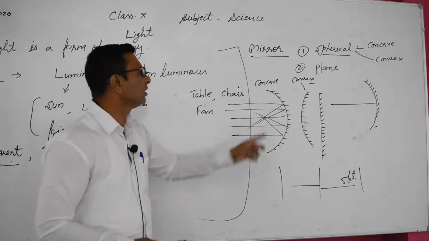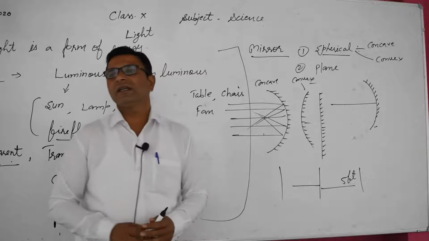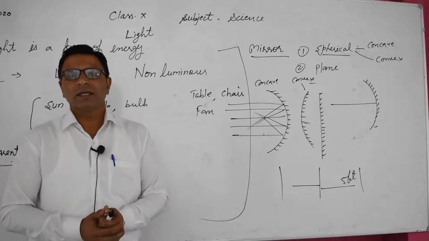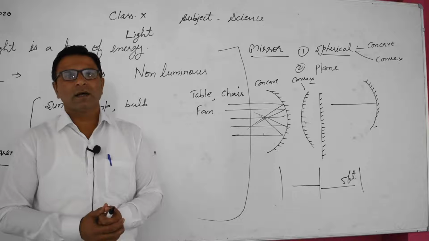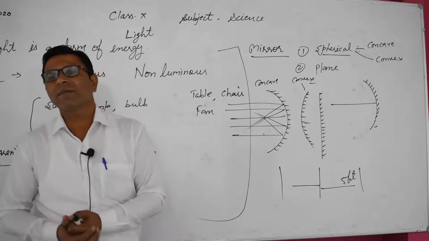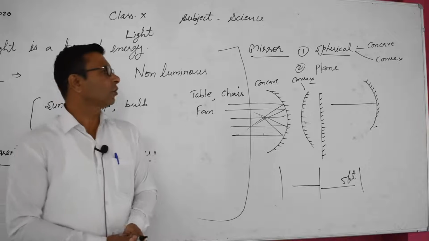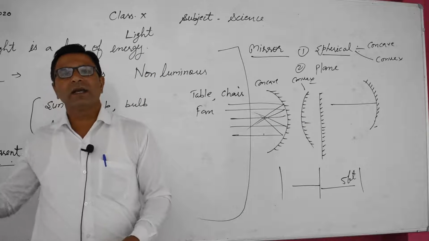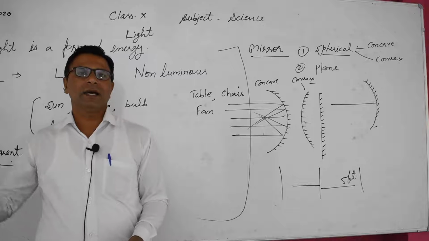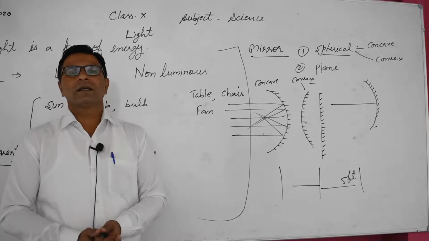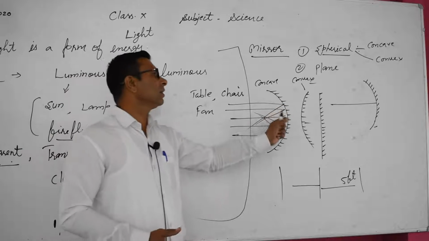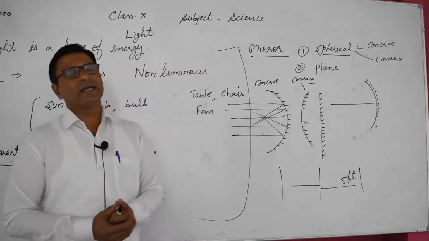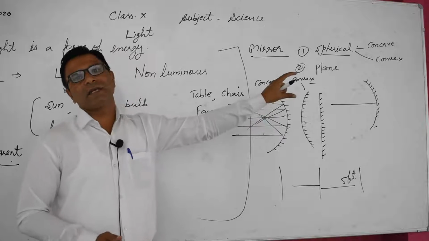A concave mirror you can see with the doctors, because they check your teeth and your tongue in magnified form, and you can see a concave mirror in the barber shop also. And a convex mirror you can see as a rear view mirror in the car, in the bike, and in the buses, because it creates a small image and covers a large view.